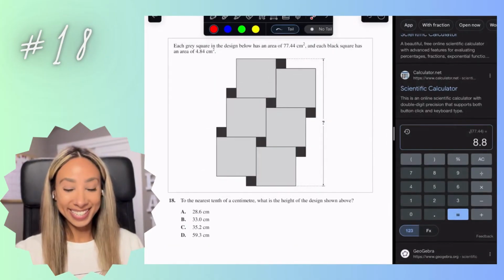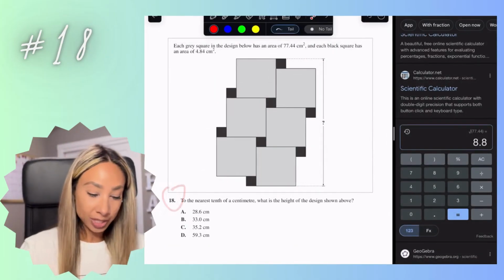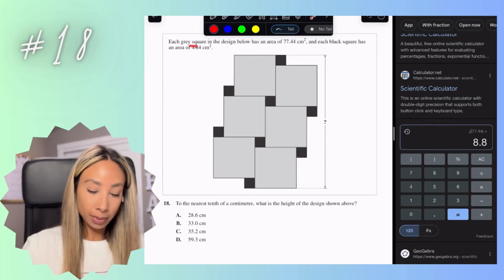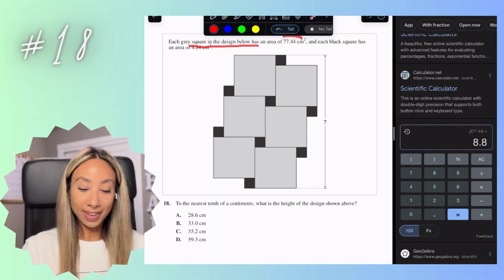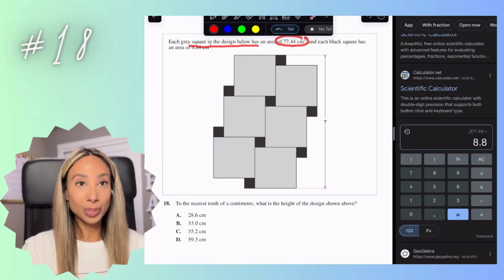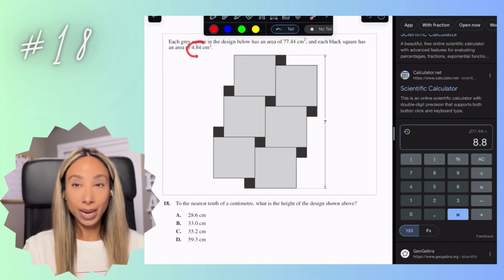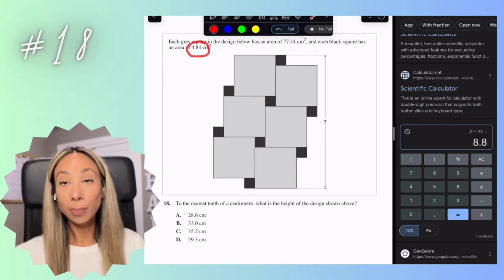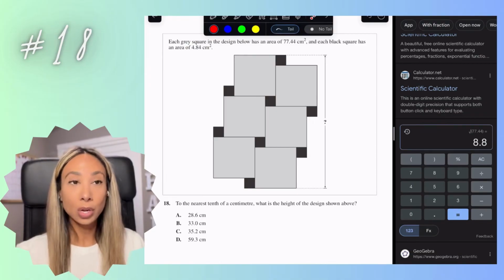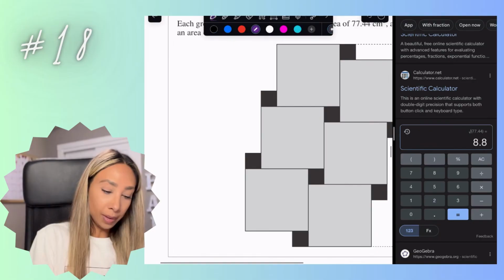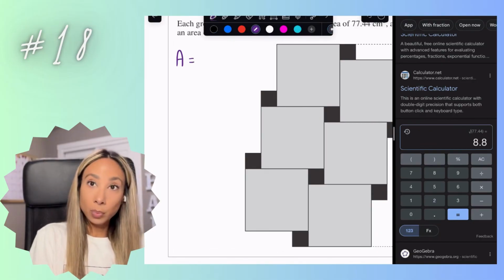Okay, number 18 here. So we've got an interesting question. Each gray square in the design below has an area of 77.44 centimeters squared, and each black square has an area of 4.84. So this kind of goes back to that previous question we talked about with squares. One of the things I'll remind you of is when we think of area, we're saying length times width.